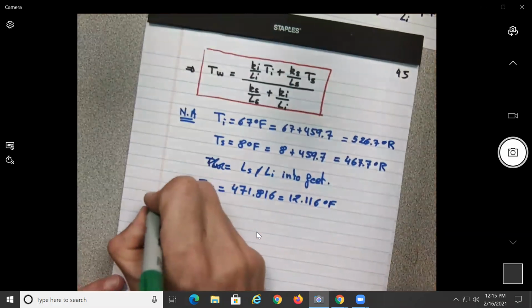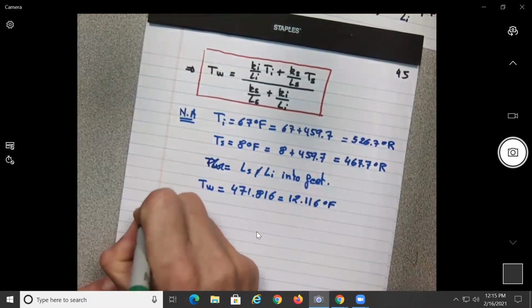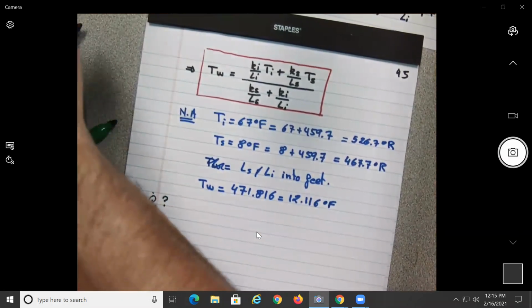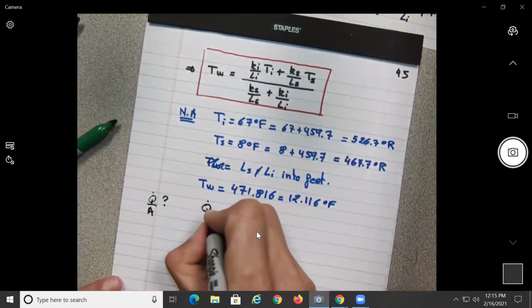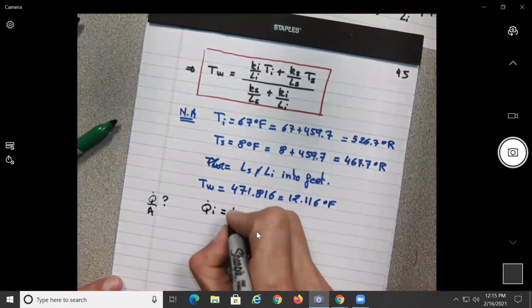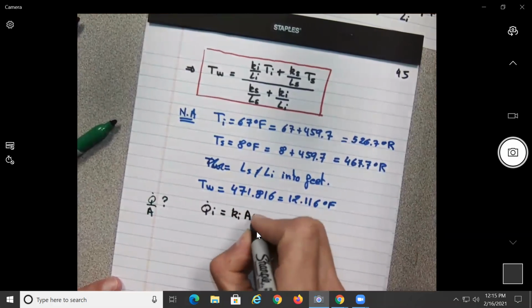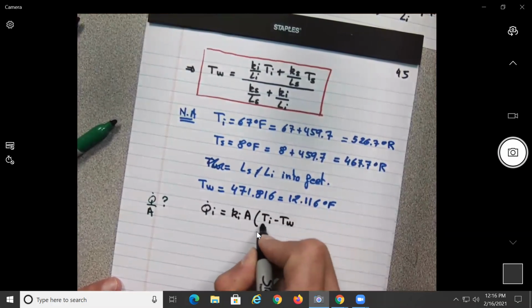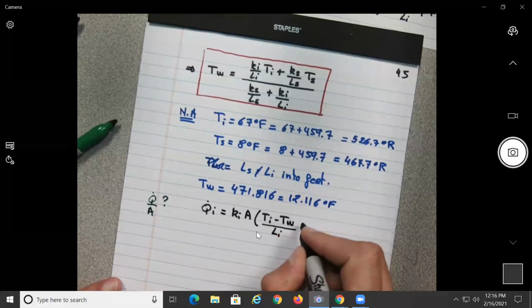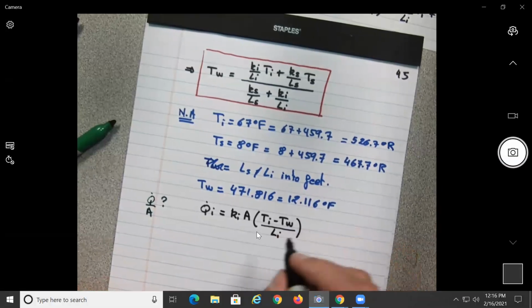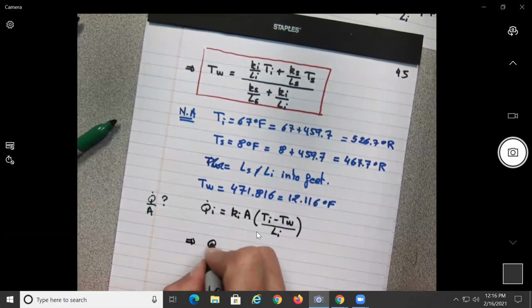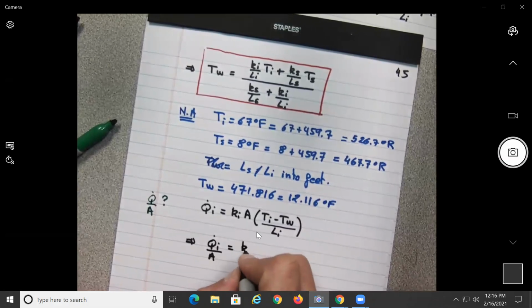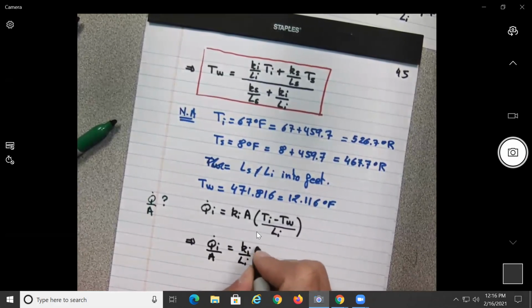So part B, to find Q dot over A, we know that Q insulation is equal to K insulation A, just recopying the equation, T sub I minus T wall divided by L insulation. So from this one, I can find that Q dot insulation over A is equal to K sub I over L sub I, T insulation minus T wall.